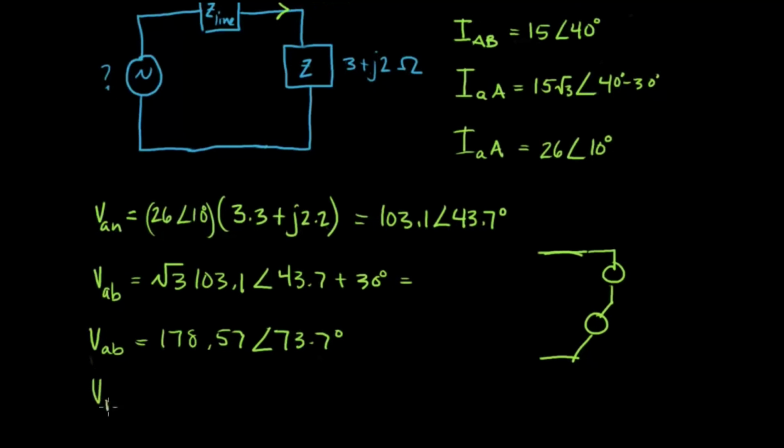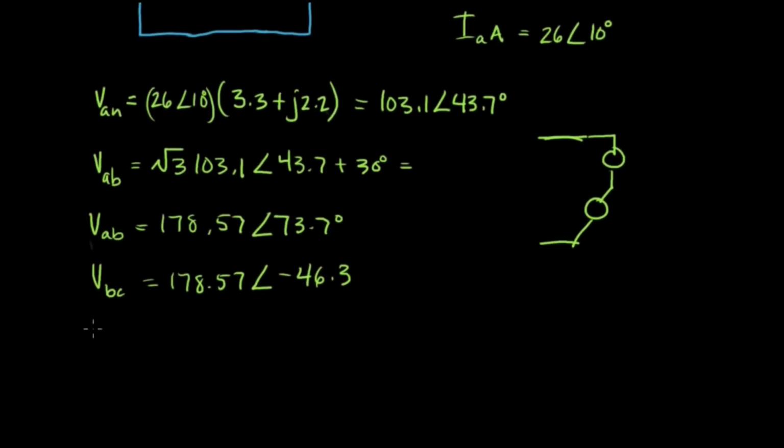VBC equals 178.57 at an angle of minus 46.3, and VCA equals 178.57 at an angle of 193.7.